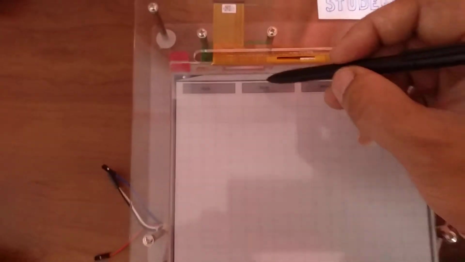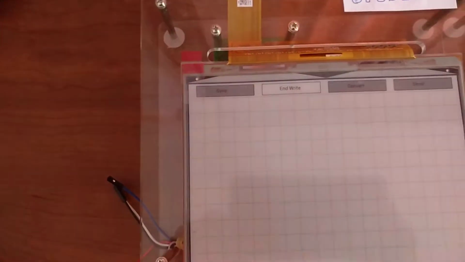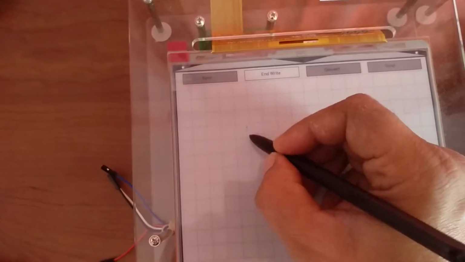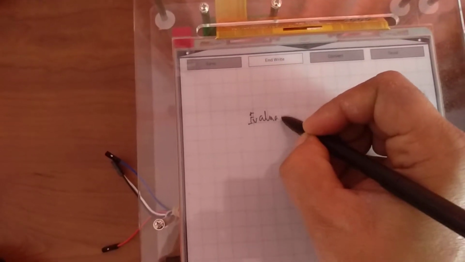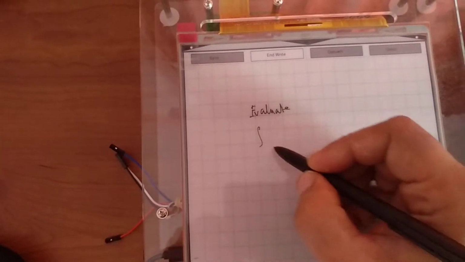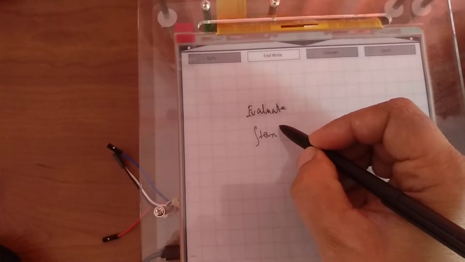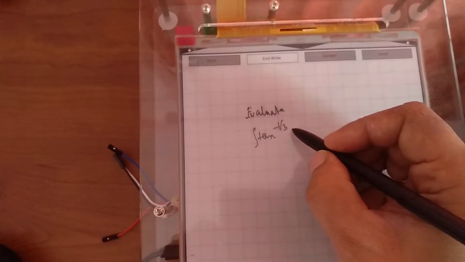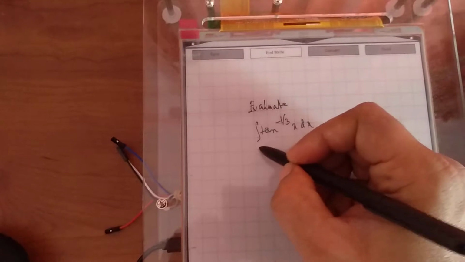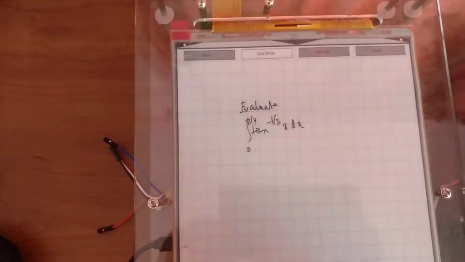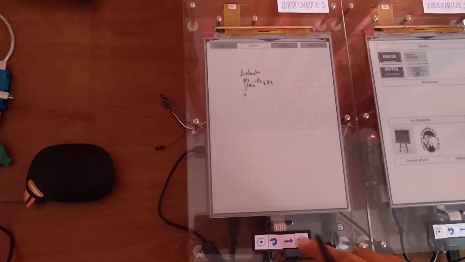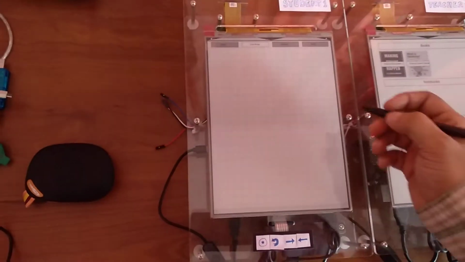Now to write in it, we just say write, and then we can start writing as we write in our notebook. So this is a maths book. You can actually change pitch and write as much as you want.